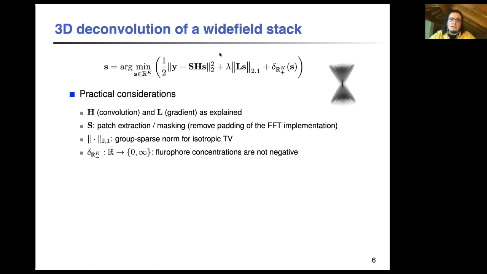So that will mean that we will need a further operator here, which is a patch extraction or masking operator. So that sort of breaks what we've been talking about, solving the linear step of the ADMM in Fourier, because this patch extraction or masking cannot be done in Fourier, or it would be a convolution in Fourier, which is sort of the point, right?